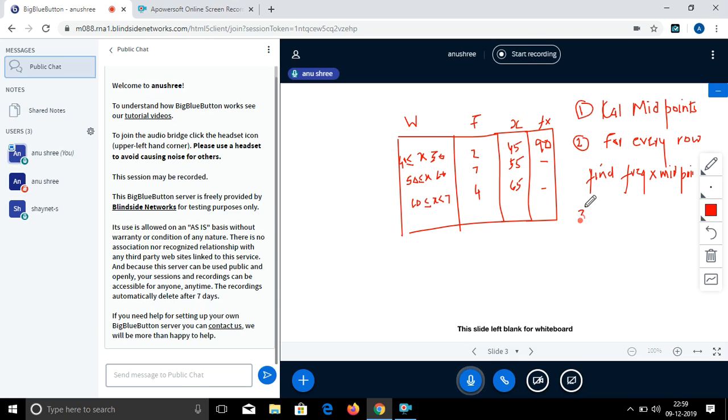Next, in the third, you have to add all f into x. Fourth is add frequencies. That means f.